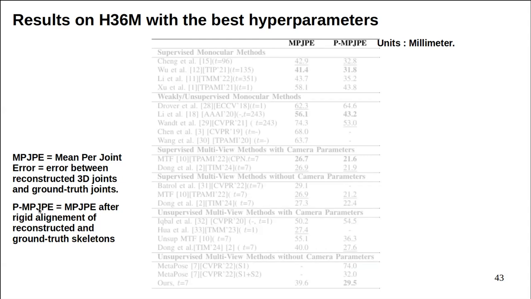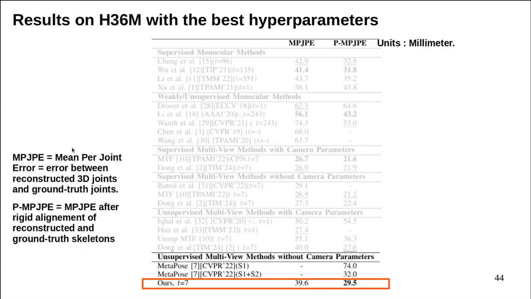And the PMPJPE is just an MPJPE, but after trying to align the predicted 3D skeleton to the ground truth skeleton. So basically, this metric mostly accounts for the quality of the structure of the pose, while the other one will also account for error in the positioning of the skeleton in space.